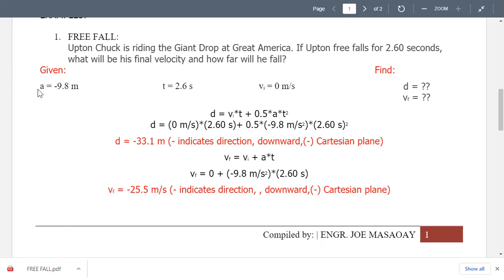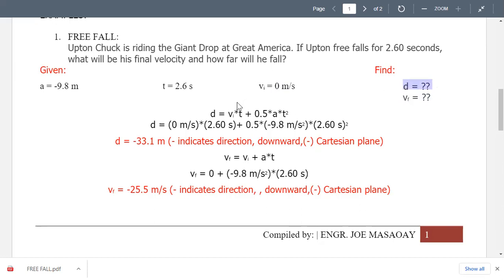Your acceleration, since he is falling, is negative 9.8 meters per second squared. Your time is 2.6 seconds. He was at rest, so his initial velocity is 0 meters per second. The unknowns are your final velocity, and how far he will fall, as your d.